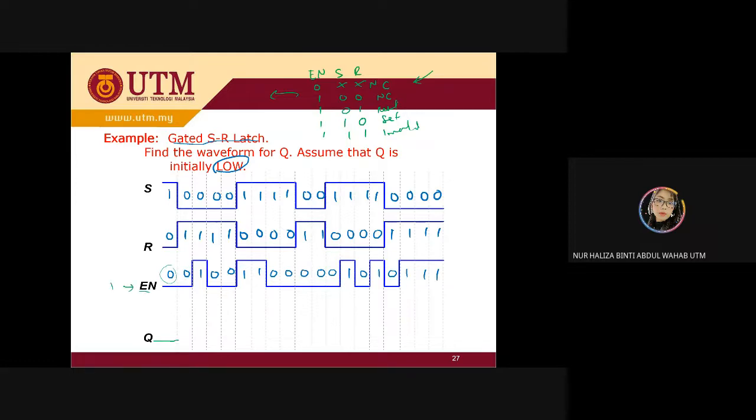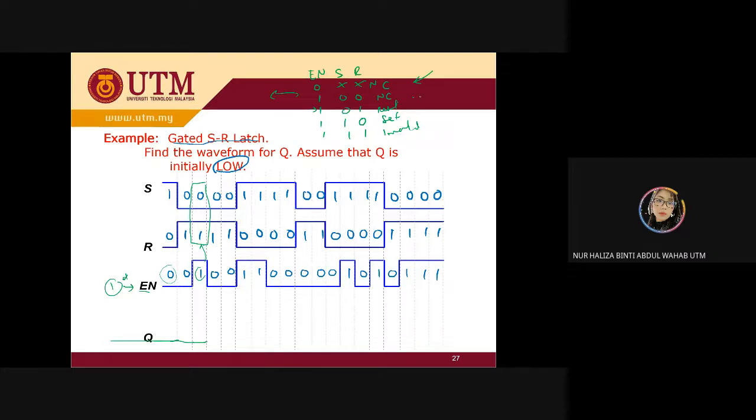First thing, we're going to refer to this, right? We have 0, which is no change. Next, we have 1. After we get 1 here, we need to refer to our input. S and R is 0 and 1. It will be here, which is reset. So reset, you're going to remain as a reset.